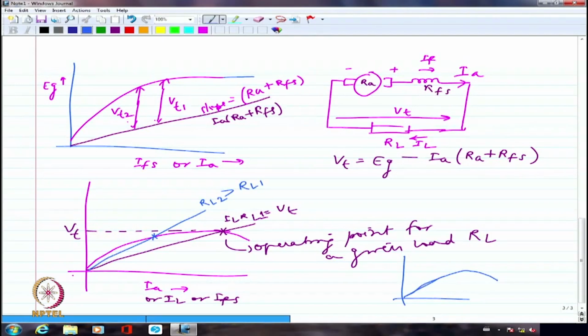Now we are going to migrate to motors. What we looked at so far is, I am giving a mechanical power input. Some portion goes away as friction and windage losses, which correspond to the rotational losses or mechanical losses.